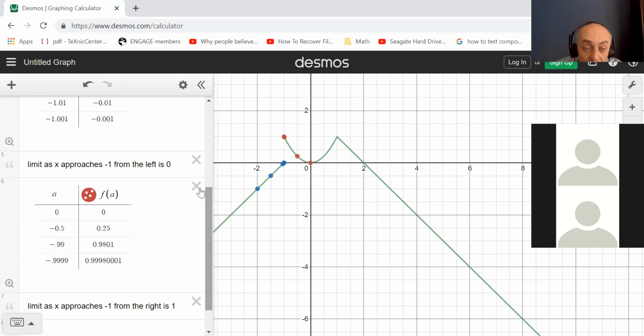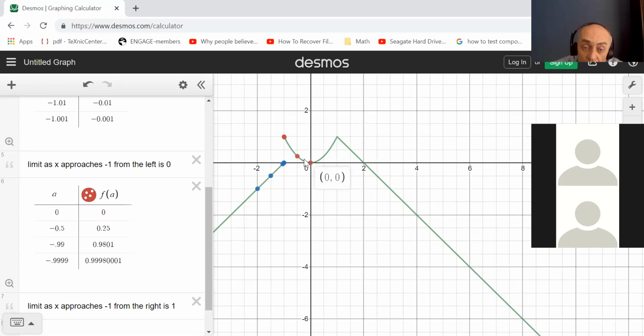You can see that my limit here is 0. The y coordinate of this point over here, where all these blue points congregate, is the limit. So remember, the y coordinate. The same story happens from the right as x approaches -1. The x coordinates, the first entry of the values in the left column here, approach -1 from the right.